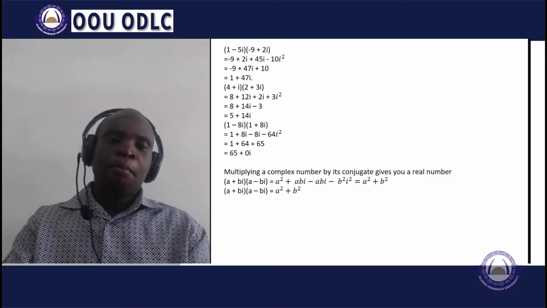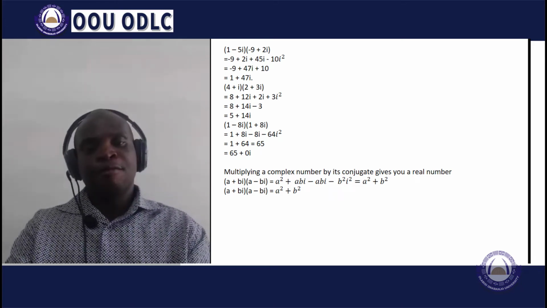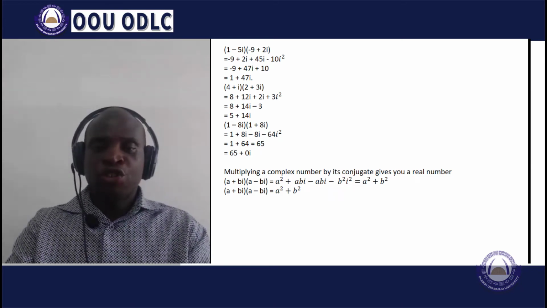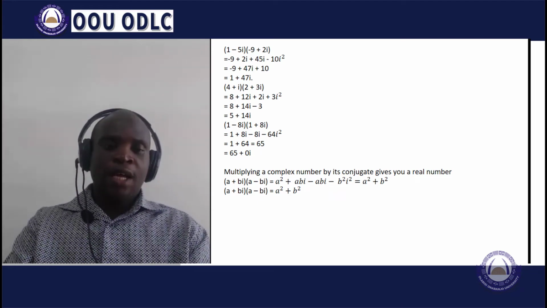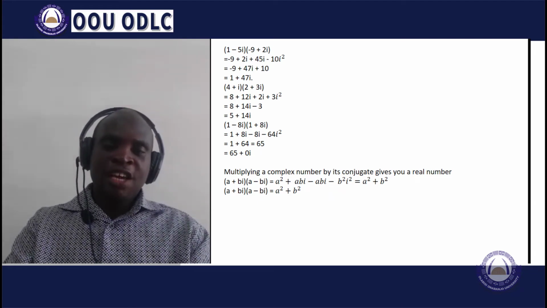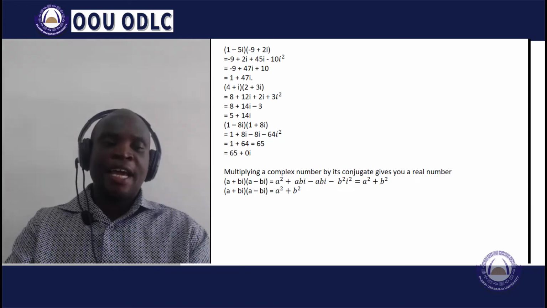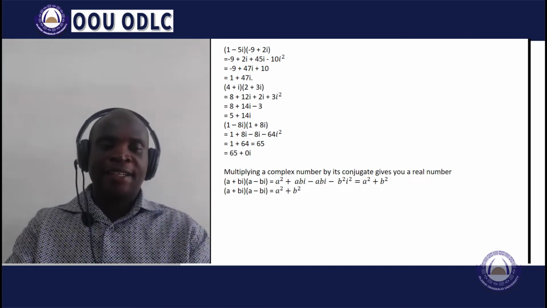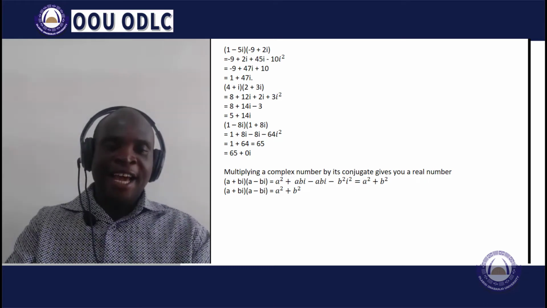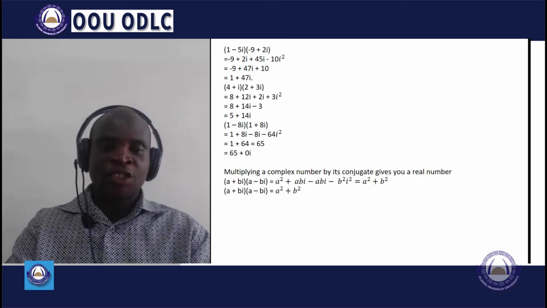Listeners, multiplying a complex number by its conjugate gives you a real number. Let's examine this. If I have a complex number a plus bi, the conjugate of it is a minus bi. Multiplying this, a times a will give me a squared.